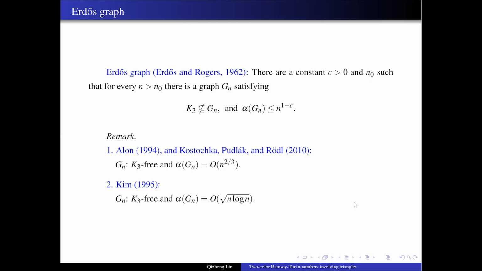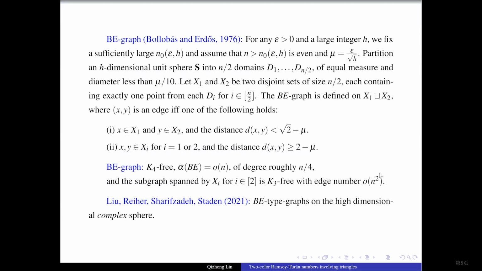Let me introduce the following definition, the Bollobás-Erdős graph, which is constructed on the high dimensional sphere. In particular, the Bollobás-Erdős graph is K_4-free with independence number little o(n), each vertex has degree roughly n/4, and the subgraph spanned by each X_i is triangle free with edge number little o(n^2).